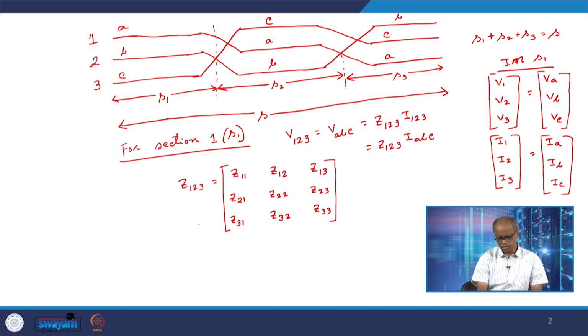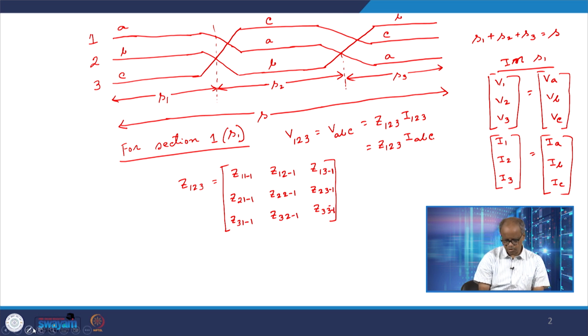Now because these positions correspond to section 1, what we do is give another subscript which denotes the section. So all these last ones denote position 1. So this is section 1.